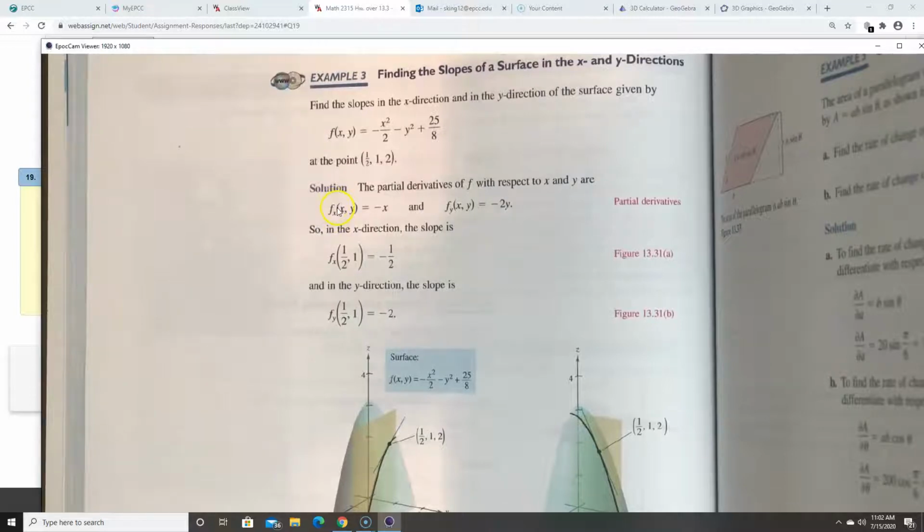The derivative of f, which is a two-variable function, and what are the two variables, x comma y? What are we going to differentiate partially with respect to x? And here is the same notation. The partial derivative of this two variable function x comma y with respect to the y direction.